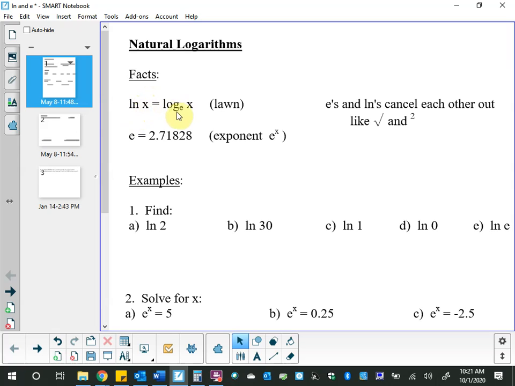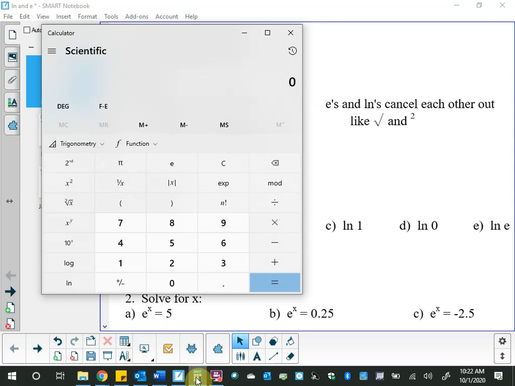The meaning of ln is log base e, and e is approximately 2.71828, etc. You also have an E button on your calculator. It is right here. And if I hit it, I wonder what's going to happen with this particular calculator. Oh, there's the number. So it goes on forever.